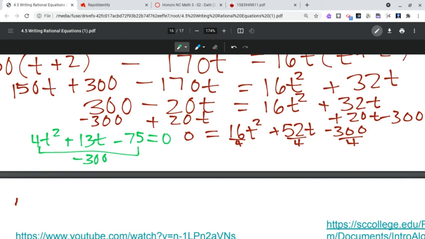Let's see. 300. I need to grab a calculator. Quickest way to find factors in a calculator is the number divided by x.